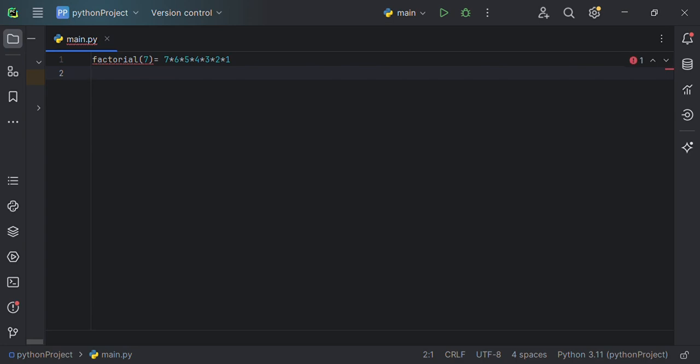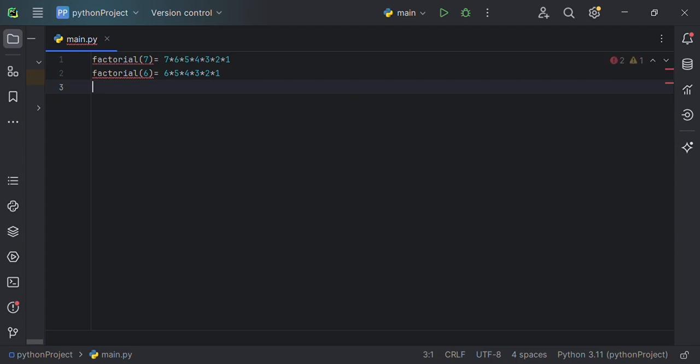Now let's see the factorial of 6. This is also the same process: 6 multiplied by 5 multiplied by 4 multiplied by 3 multiplied by 2 multiplied by 1.